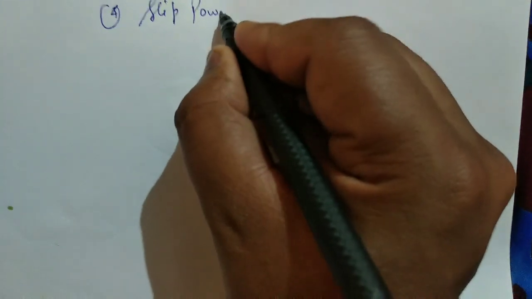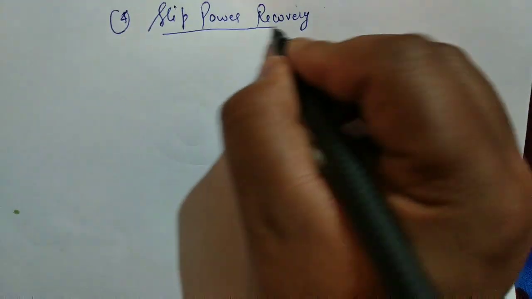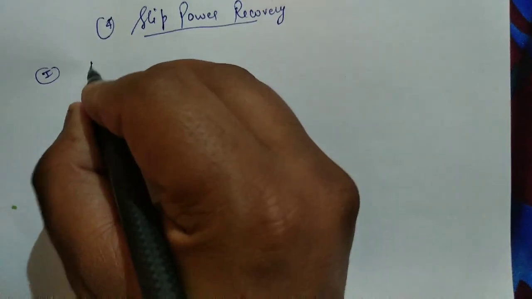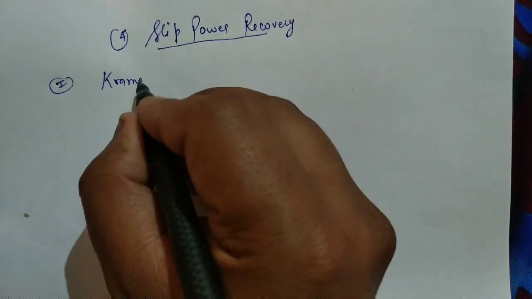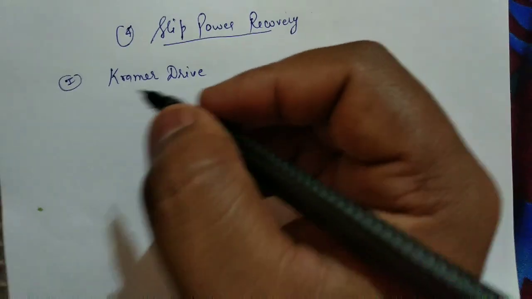So the next method is the slip power recovery method. First of all, you will see Kramer's drive, the static Kramer drive.